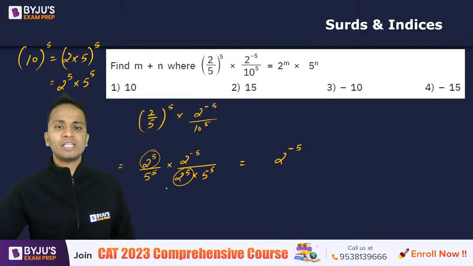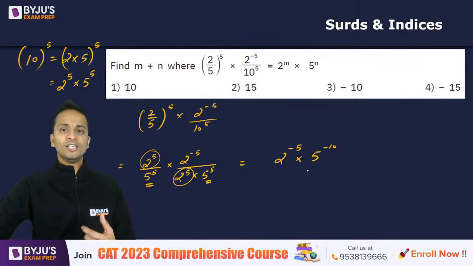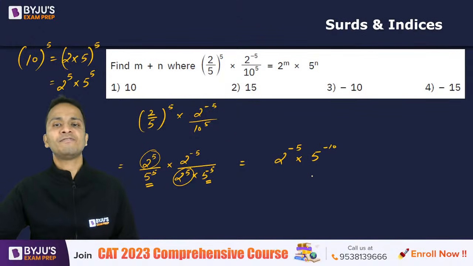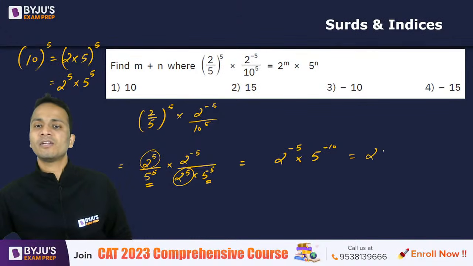Okay, further 5 raised to the power 5 and 5 raised to the power 5. This will become 5 raised to the power 10 in the denominator. Okay, 5 raised to the power 10 will form in the denominator. And it will come in the numerator and will become 5 raised to the power minus 10. Okay, so 2 raised to the power minus 5 and 5 raised to the power minus 10 is the result, which now can be written as the right hand side, 2 raised to the power m multiplied by 5 raised to the power m.